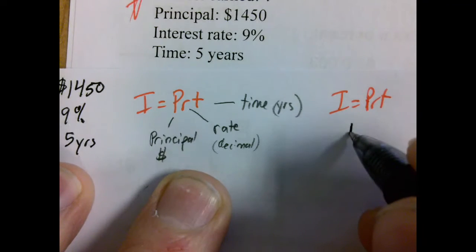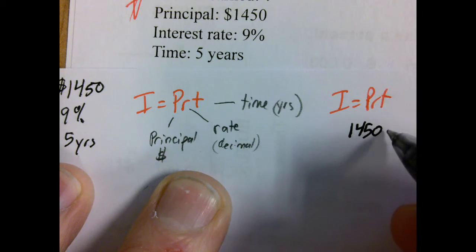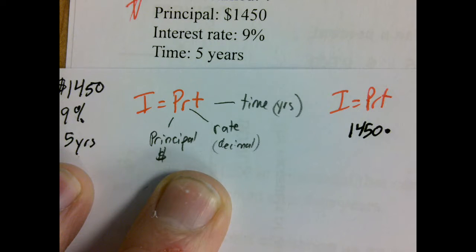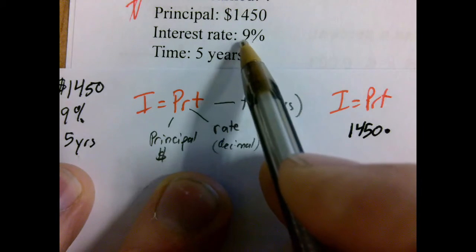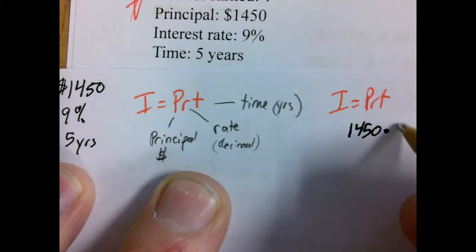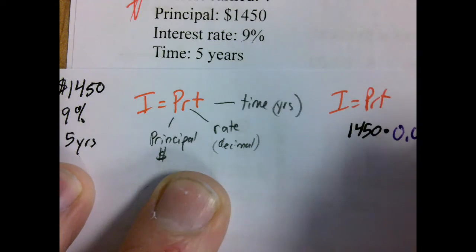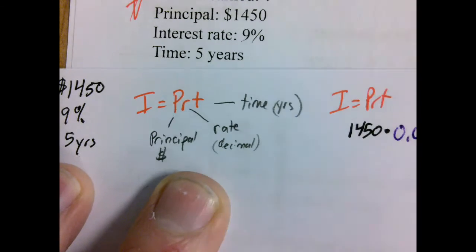The principal, 1,450, times the rate. Don't put 9 in. Remember, we moved the decimal 2 times. Bump, bump. So times 0.09 times our time of 5 years.